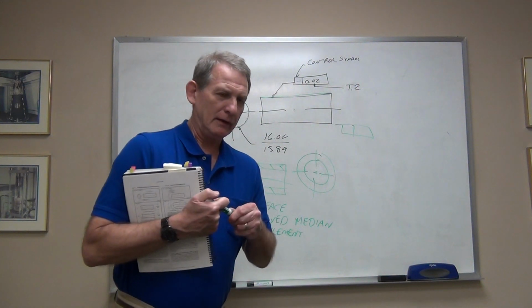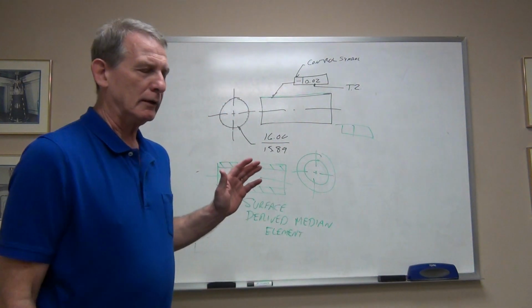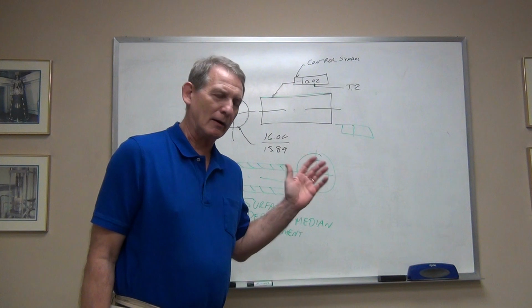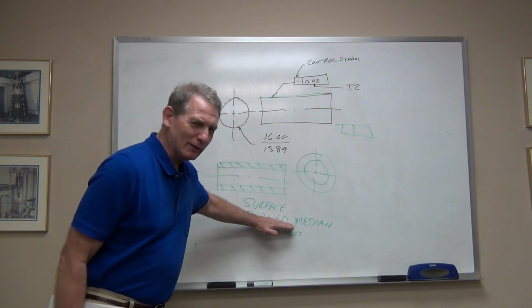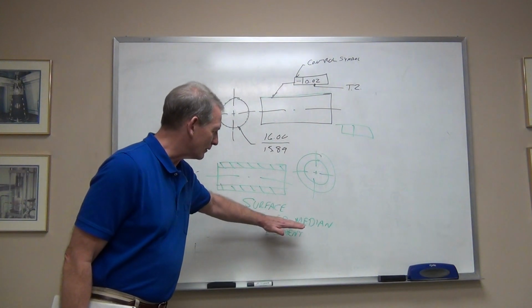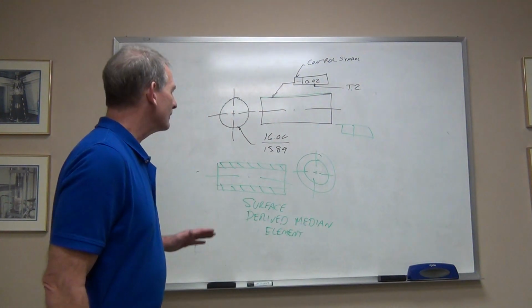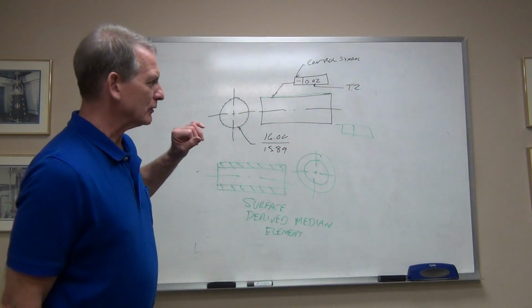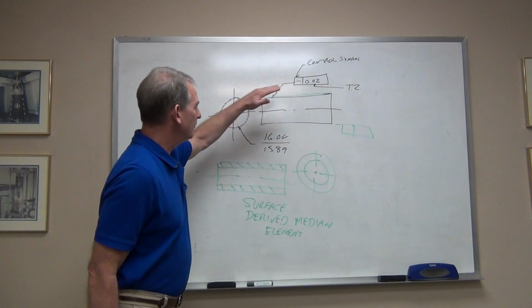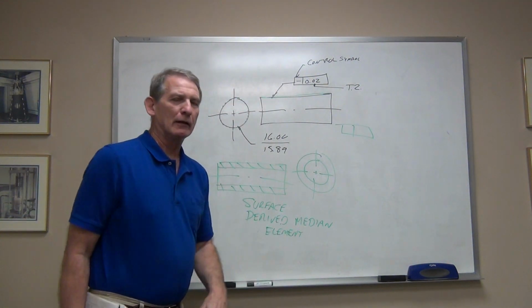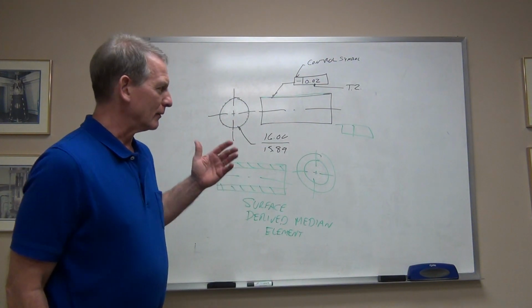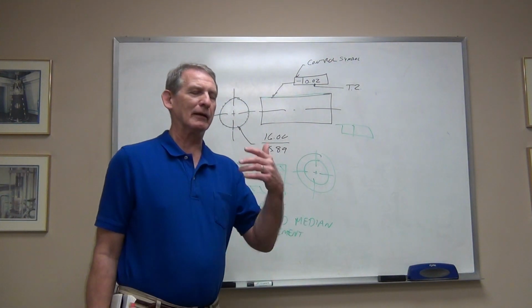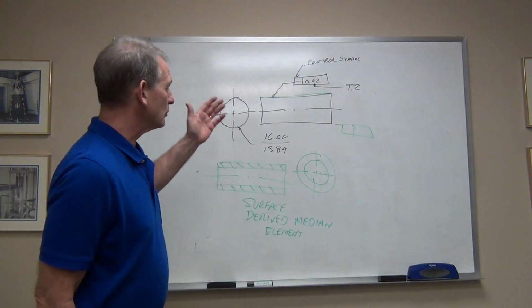So, even at this simple level, we're going to run into concepts that aren't obvious, aren't artfully defined or given easy terms, but we have to make a distinction between a surface element and a derived median element. One, because the surface elements physically exist, they can be checked in a certain way with certain instruments.